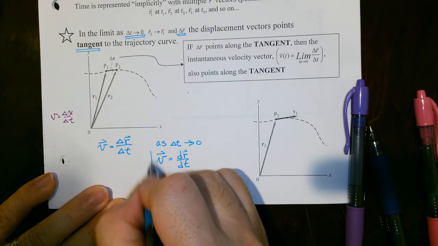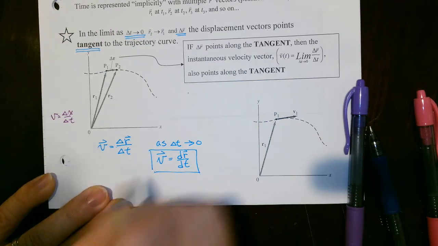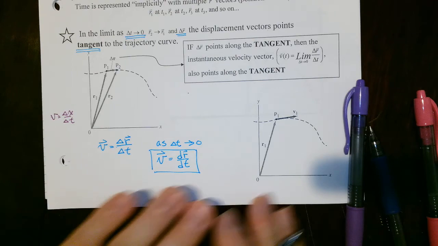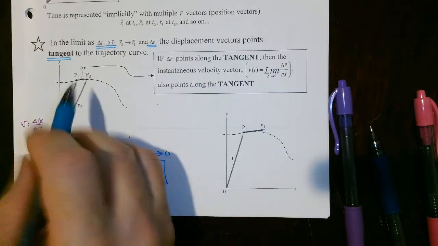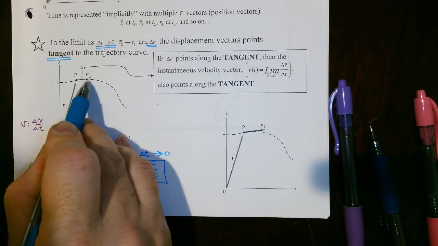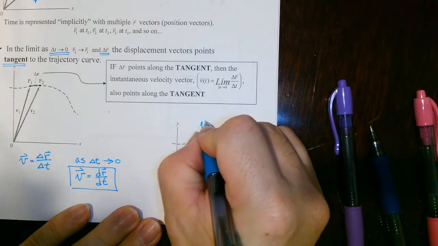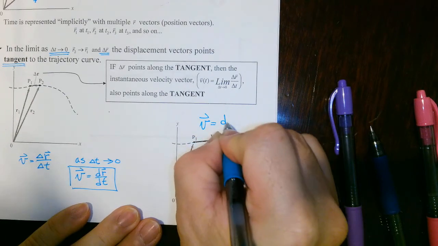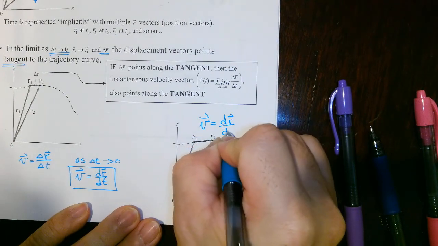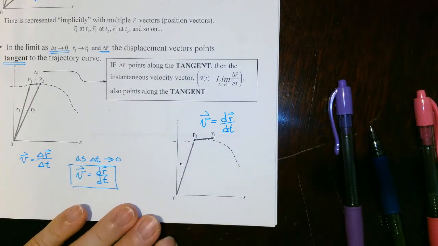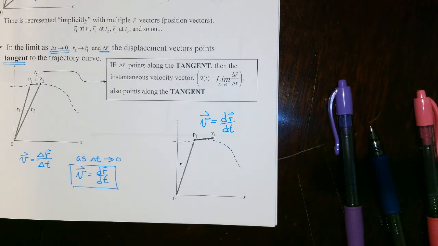So instead of the average velocity of delta r over delta t, now it becomes v, the derivative of your position function.